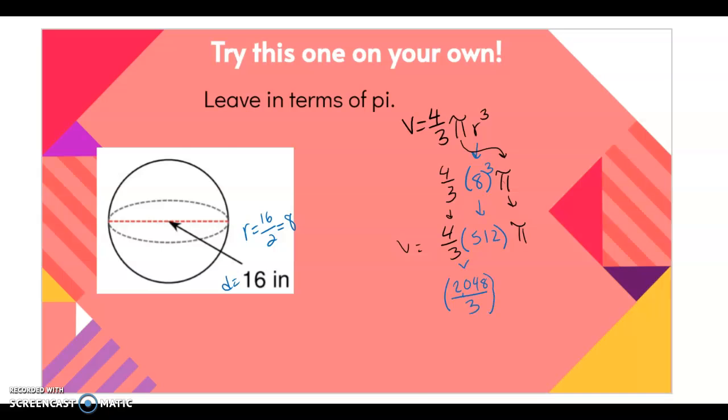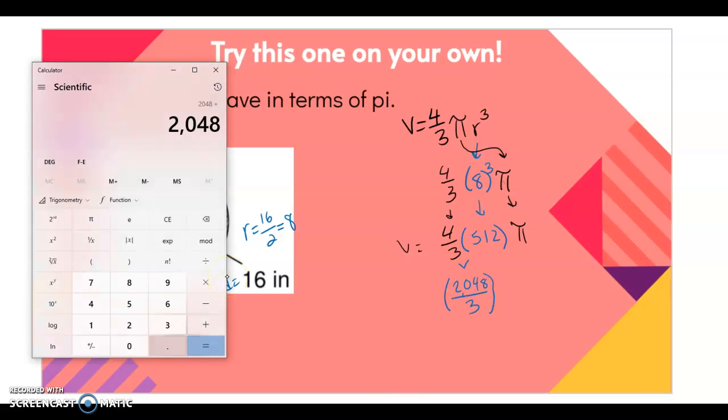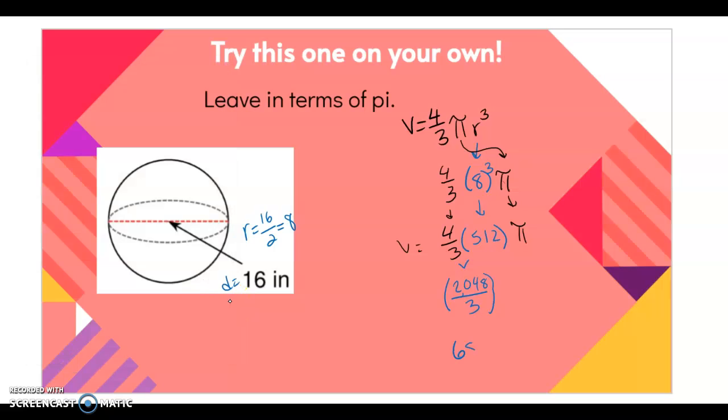And I still need to divide it by 3. Let's see if I get a nice whole number. I don't really get a whole number. I get 682.6 repeating. So you can leave it as a fraction like this. Or if you wanted to get a little bit more technical, you can leave it as that.